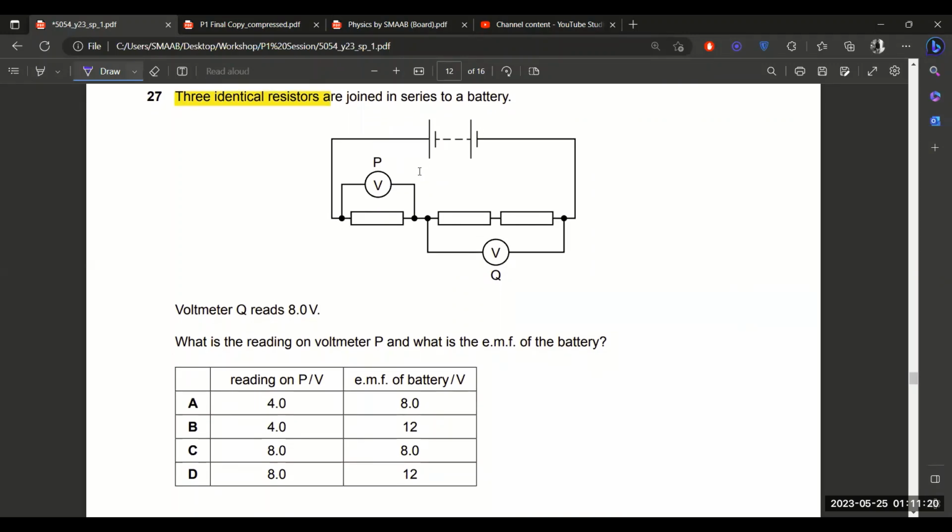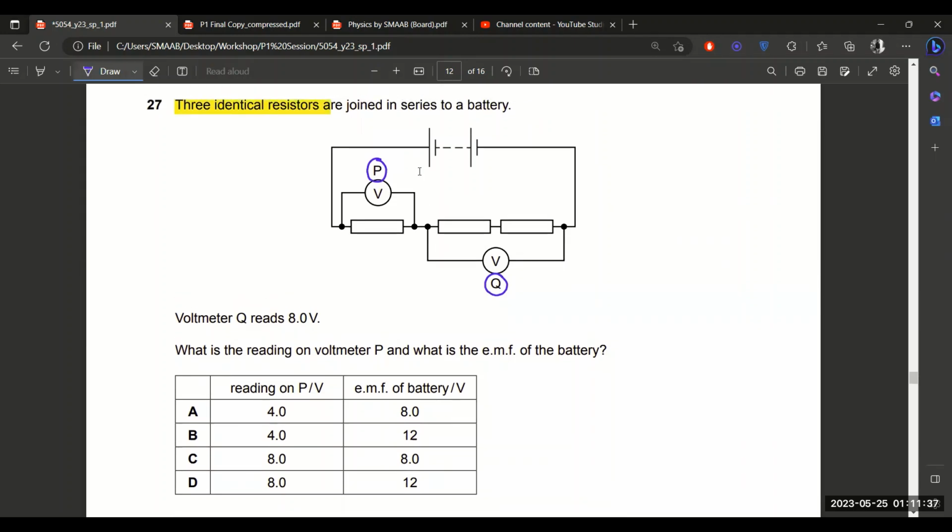We observe that there are two voltmeters, P and Q, connected in parallel with two resistors and a single resistor. We know that a voltmeter is always connected in parallel. Most importantly, the three resistors are connected in series.